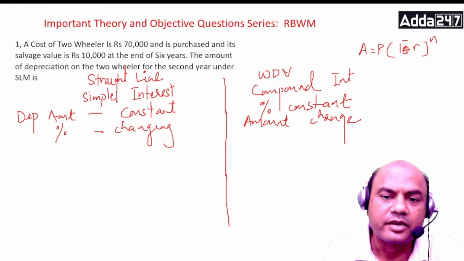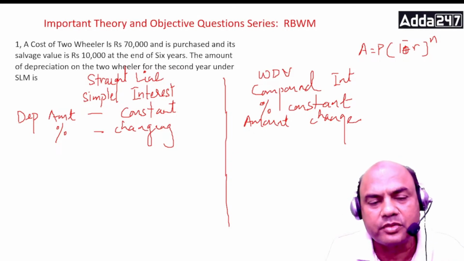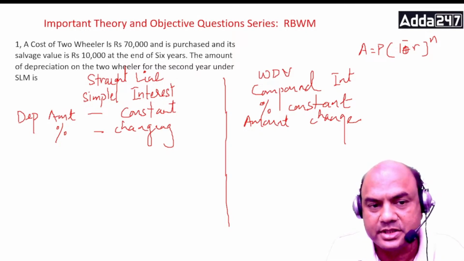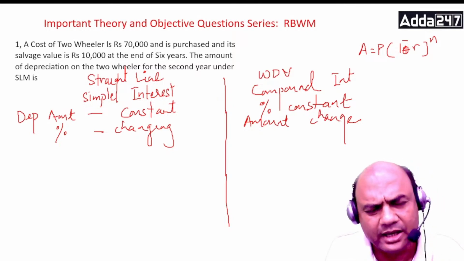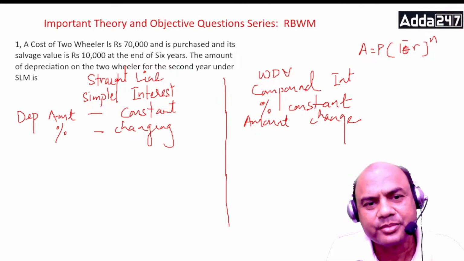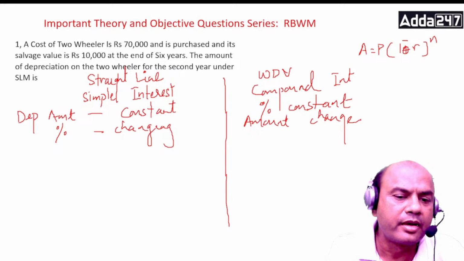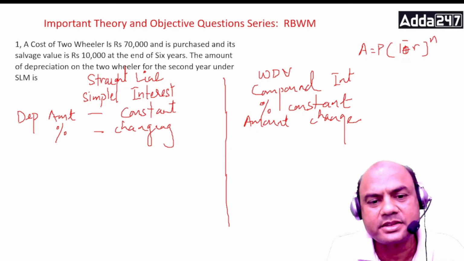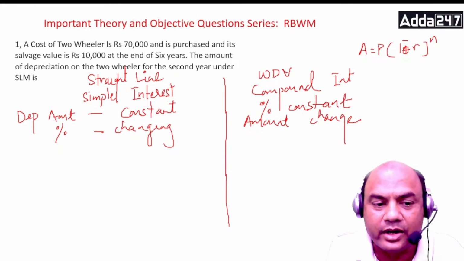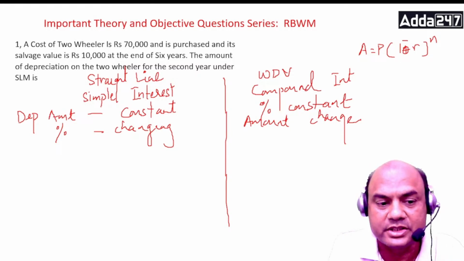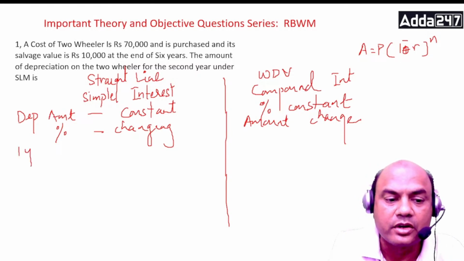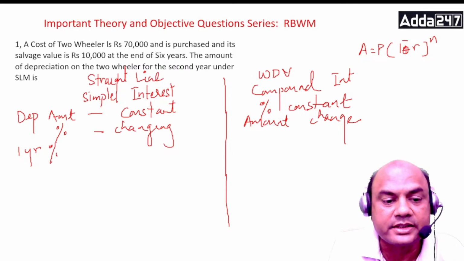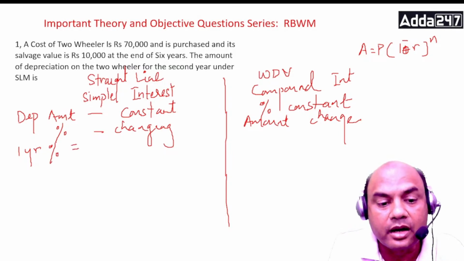Now one more question always comes: how to find out the percentage depreciation. Even though it is not asked in this question, I'll cover that. Important point: in straight line method, you can always find out the first year percentage. The first year percentage of straight line is equal to 100 upon life.